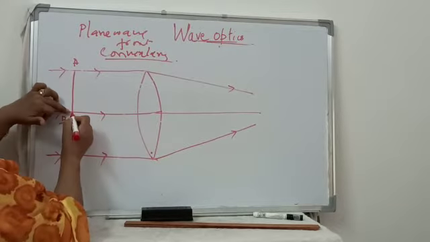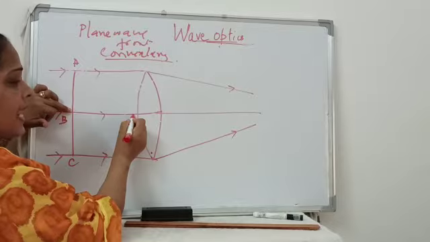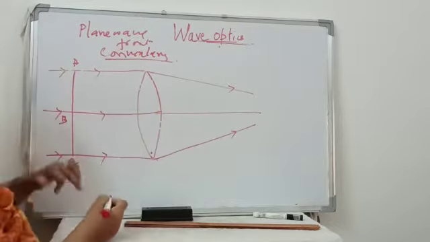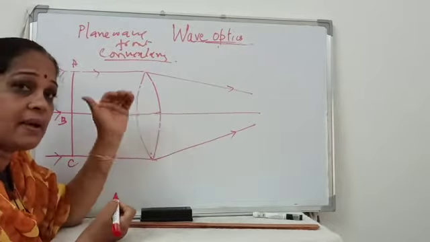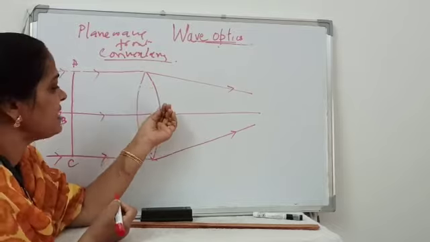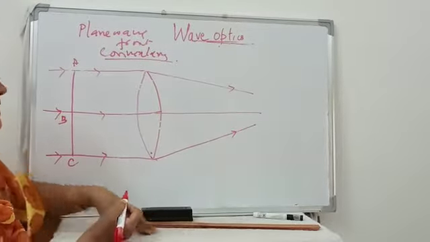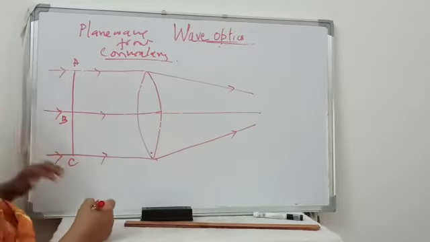Now, if you consider the point B, it travels partially through the air and it takes a longer time while traveling through the denser medium. So when it travels inside the medium, it takes a longer time, which means that after refraction, it cannot travel a longer distance. So let us consider that after refraction, it travels over here.